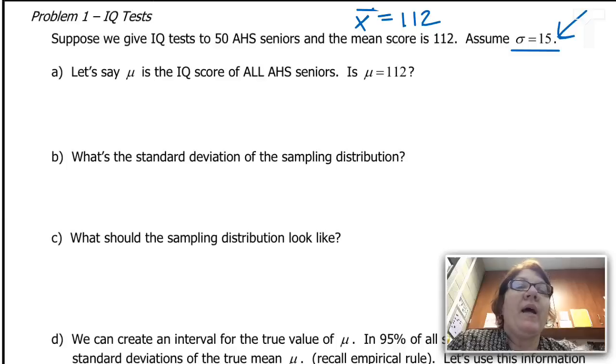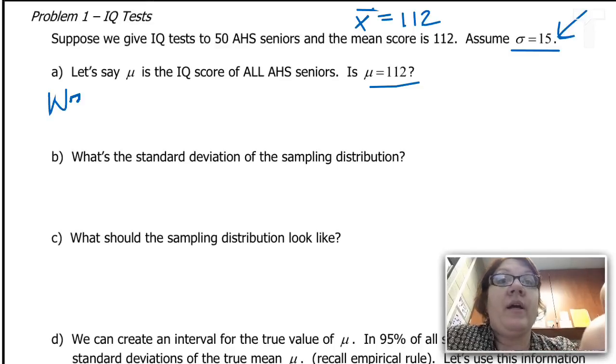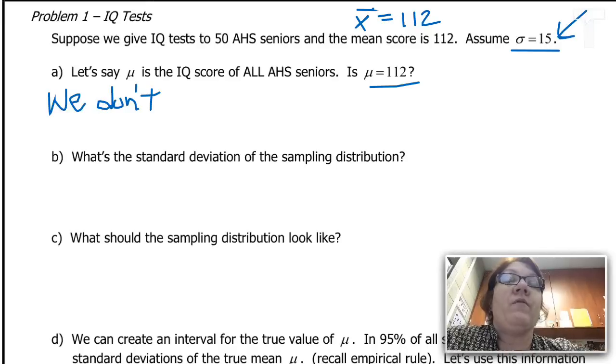So we're asking, if mu is the IQ score for all the seniors, is mu equal to 112? Well, we don't know, and here's why. If we just take one sample, and that's the average that we get, we don't know if we captured the real population value.